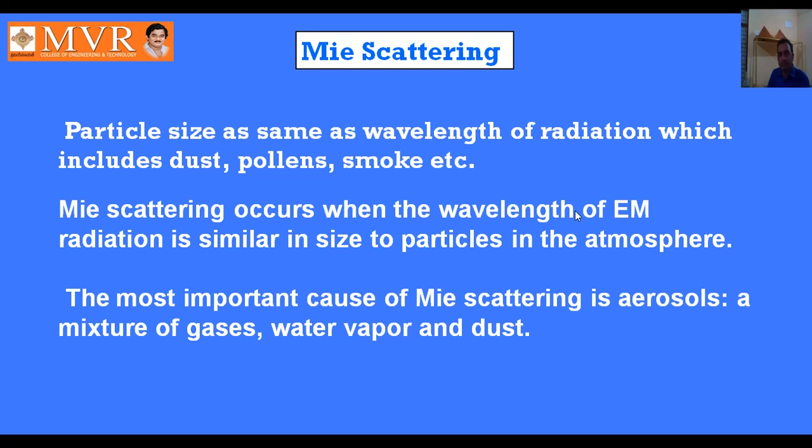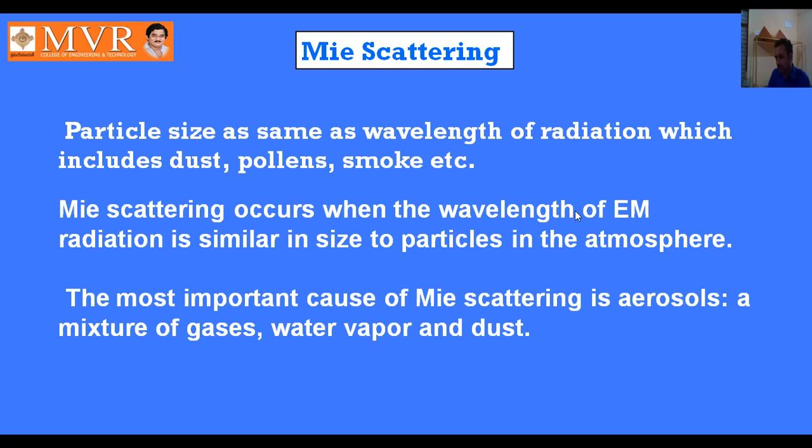Dust, pollen and smoke particles are examples. Mie scattering occurs when the wavelength of electromagnetic radiation is similar in size to the atmospheric particles. The most important cause of Mie scattering is aerosols.